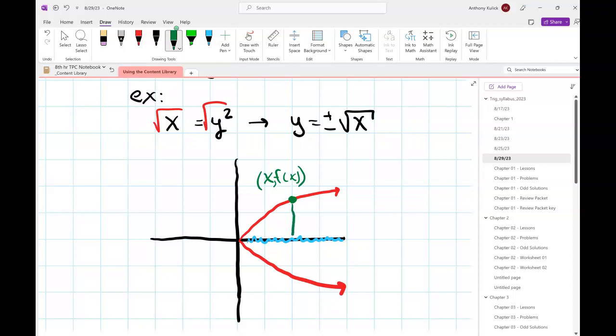If I flip that point over the x-axis, I should have the point x comma negative f of x. Right? Should have the same x coordinate, but the y coordinate should be its opposite. Kind of visualize that.